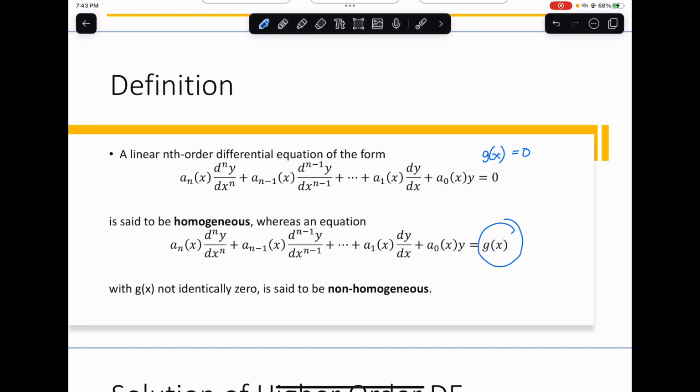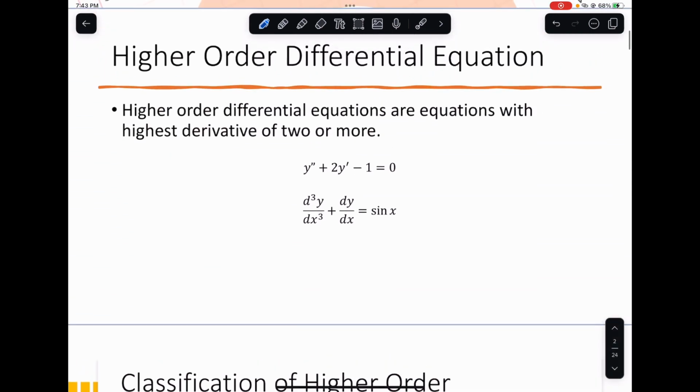Going back to our example here, we have the second derivative, the first derivative, and then just a constant minus 1. But actually this is the same as y double prime plus 2y prime is equal to 1. So we have the derivatives of y, and in here our g of x would be considered as 1.